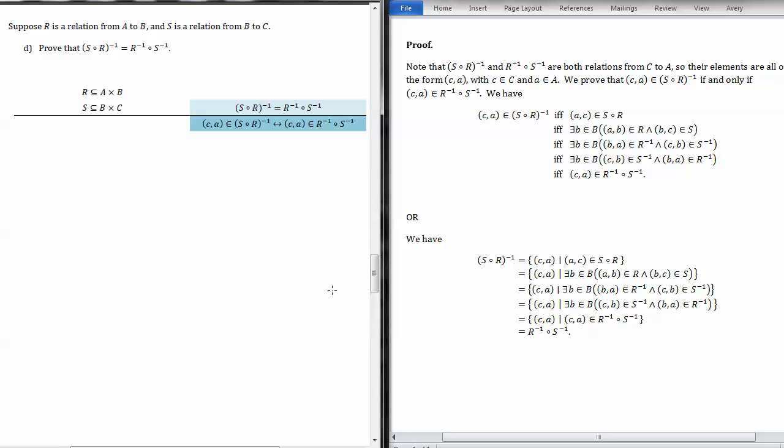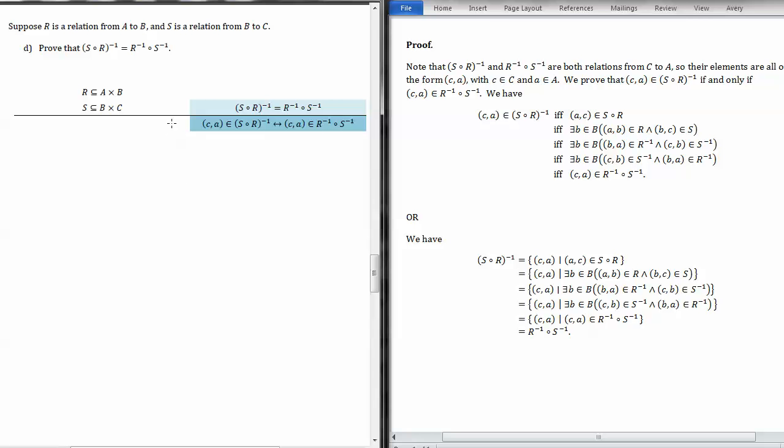We're going to be a little bit sloppy or concise, let's say, that's a more positive word, and go ahead and realize that anything in either of these sets, these are both relations from C to A, if you trace through the definitions. And so an element of either of them is going to have to be an ordered pair of this form. So let's go ahead and say that CA is in the left side if and only if CA is in the right side.